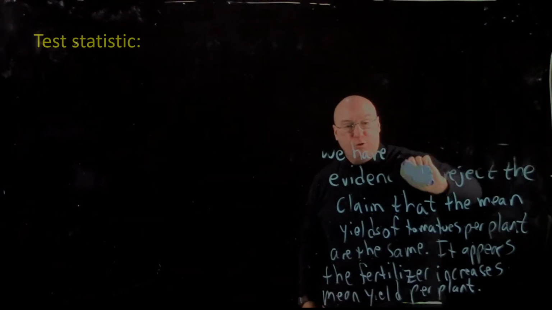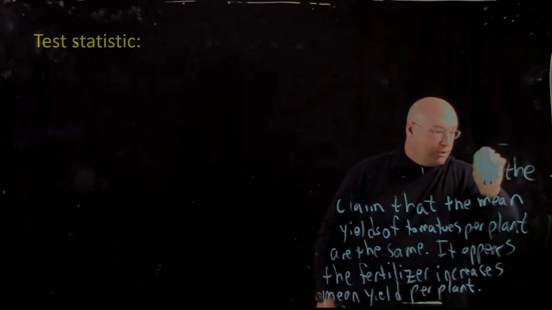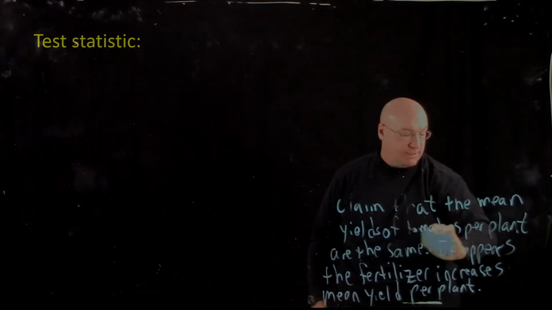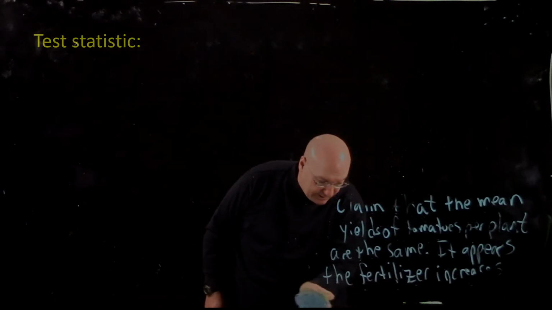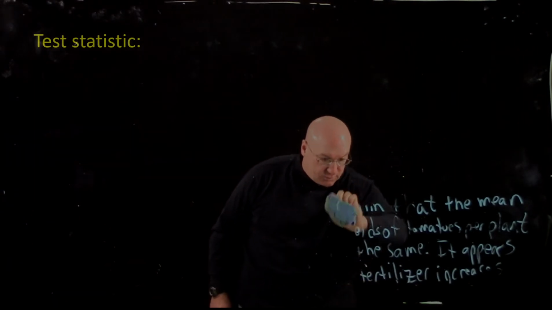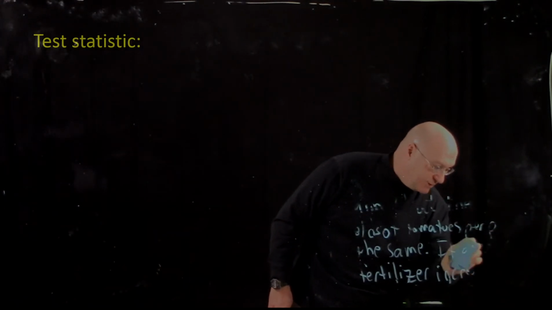The group that you don't treat, that's called the control group. Control group is probably something you've heard about before. Well, here's where it comes in. So the tomatoes we fertilized, that was the treatment group. The tomatoes we didn't fertilize, that was the control group.